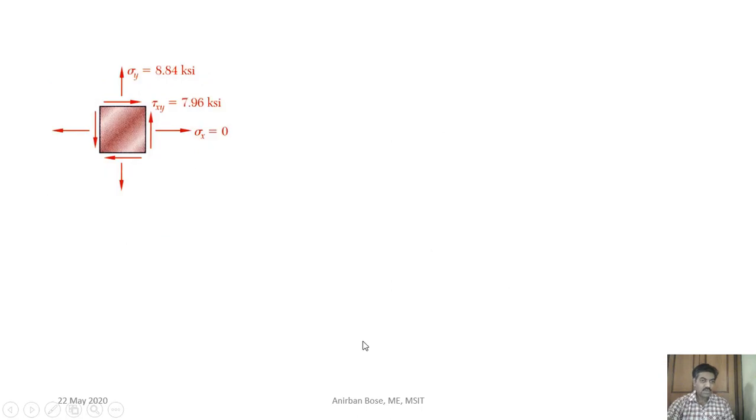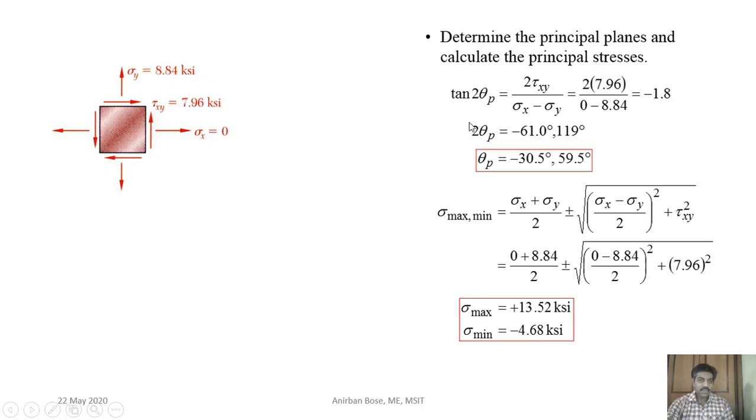The next part you have to do is find out the principal planes first using this formula. You know tan 2 theta p is 2 tau xy by sigma x minus sigma y. You know sigma x is 0, sigma y is there, and tau xy is there. So using that you find out theta p. You will get two values of theta p.